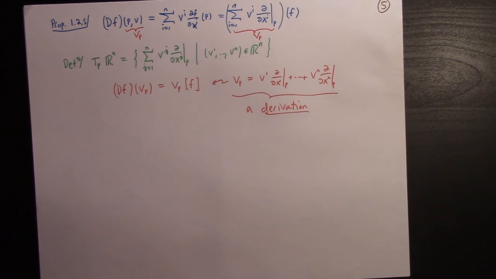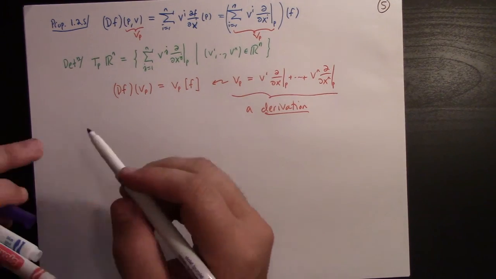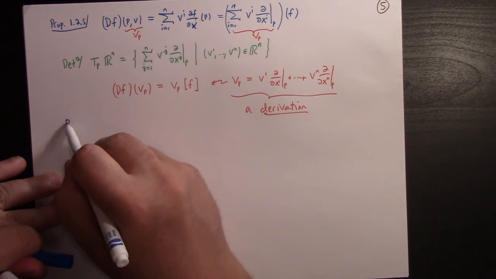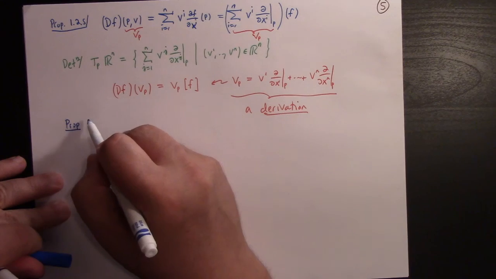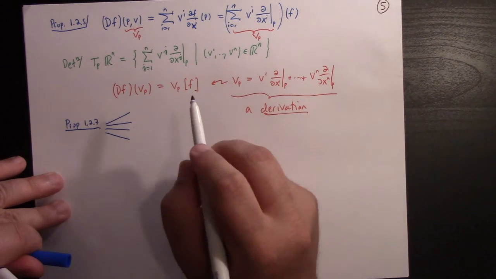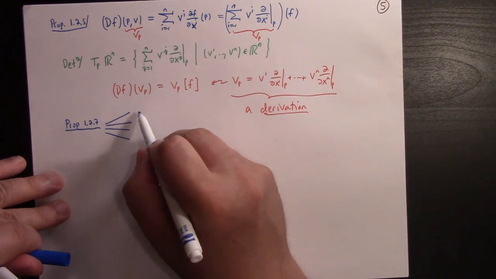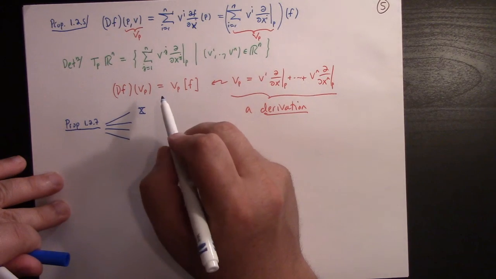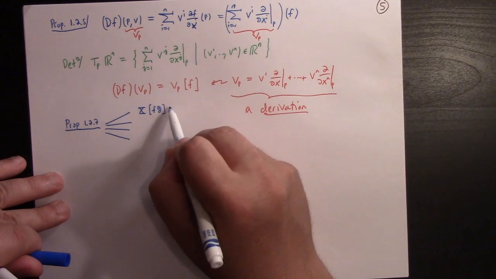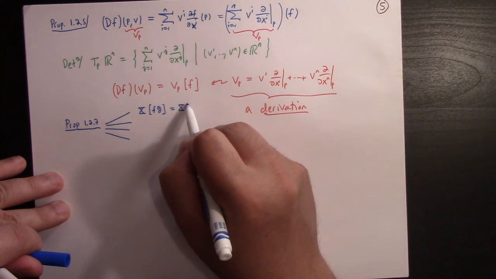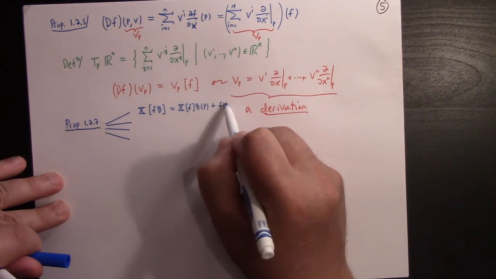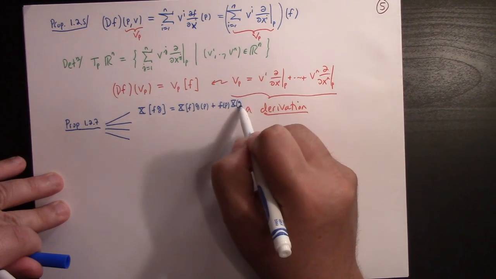And so it's worth taking a second here to catalog the properties. What are the properties here? Well, properties, this is my proposition 1.2.7, all right. So again, for nice enough functions and x, so we have x of, first of all, x of f g is equal to, well, x of f times g of p plus f of p times x of g.